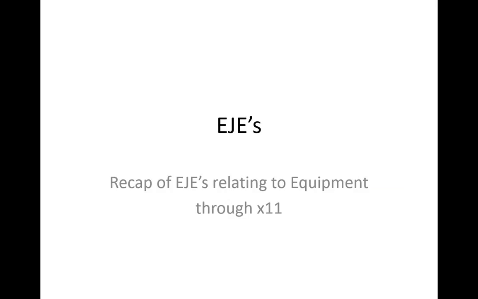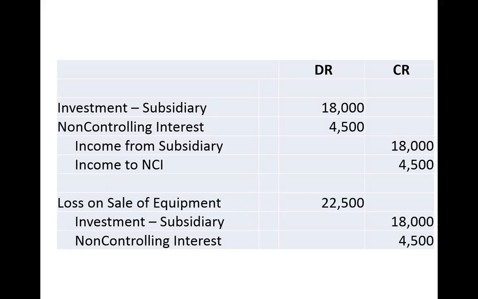And if we were to take everything that we've combined together and put it into a recap of everything for 2011, we'd get the following. The first entry represents the EJEs for the equity method accounting and the assignment to the NCI. And the last is a combination of the compound entries added together to get the recognition of the loss on the sale.